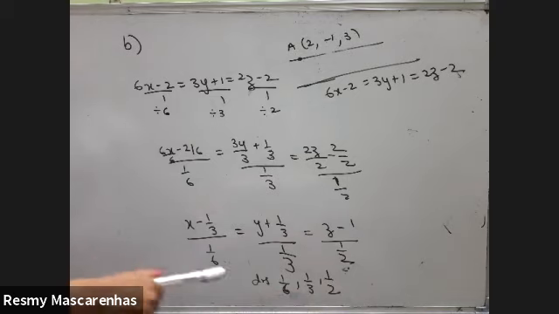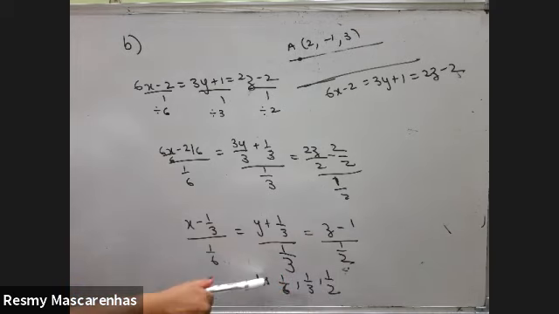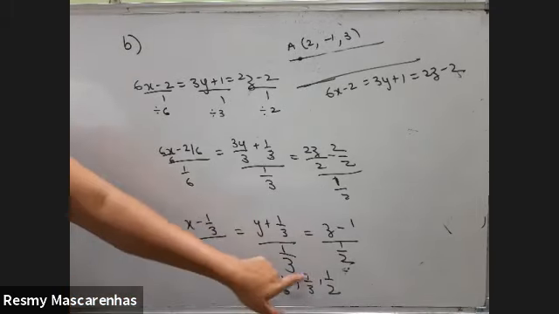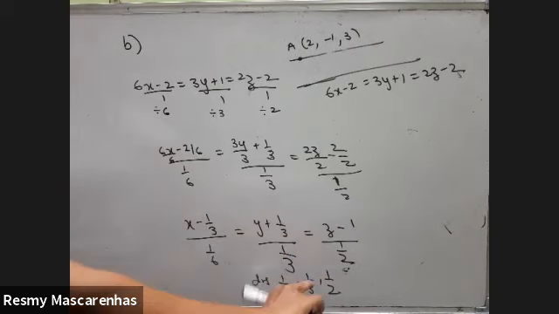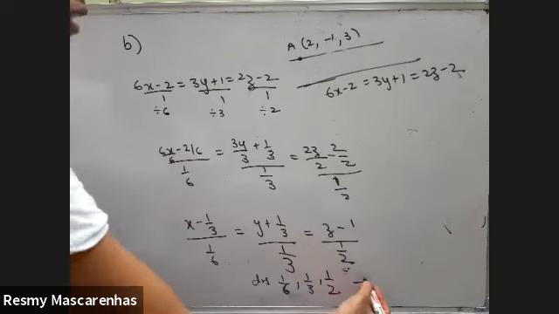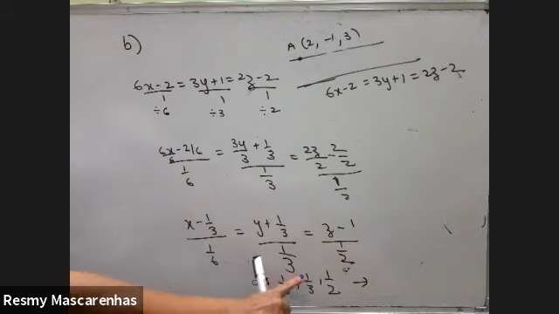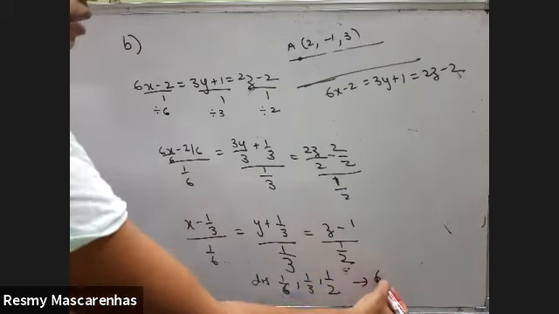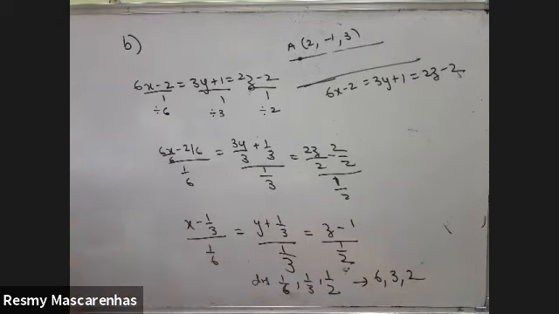Suppose direction ratios are all fractions, and everywhere the numerator is a common 1, if it is 1, you can straight away reverse it. So if everything is 1, and it's a fraction, you can just reverse it. This will be 6 comma 3 comma 2.